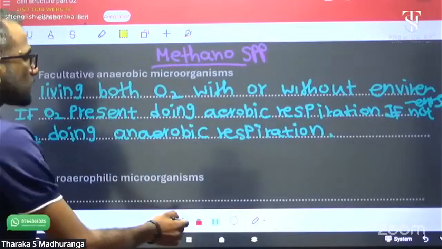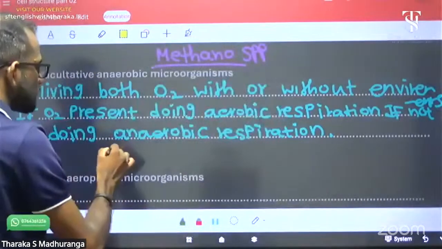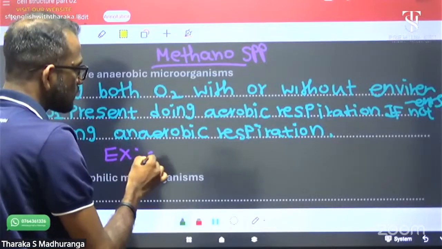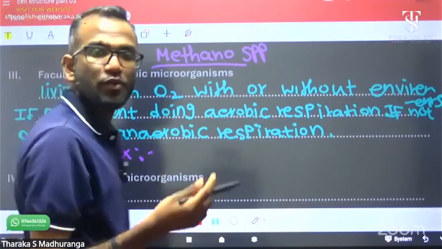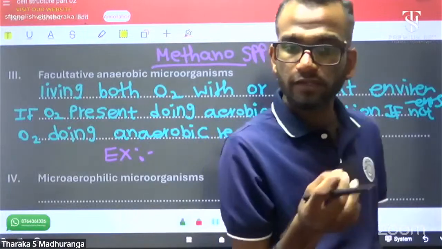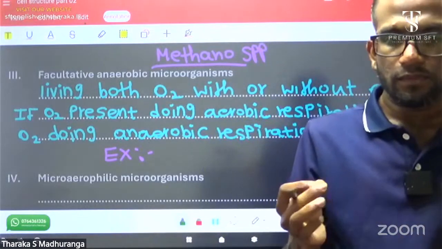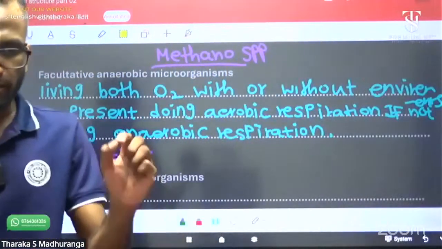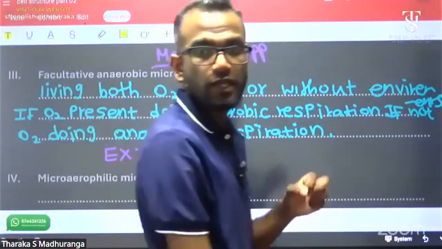Okay, who are the examples for facultative anaerobic? Remember, do you know yeast? In bakery production we use yeast.